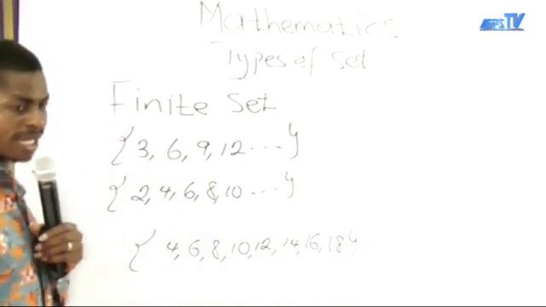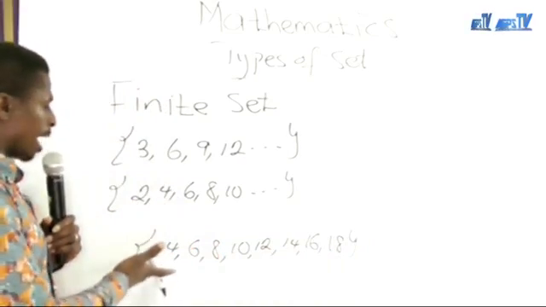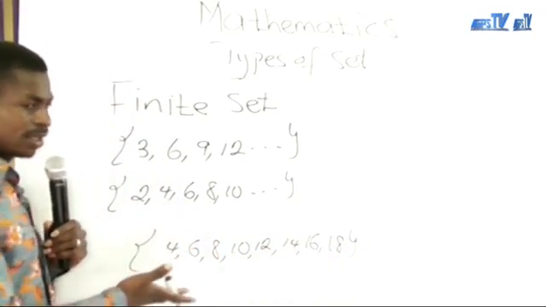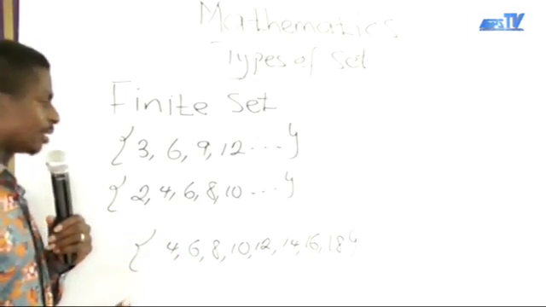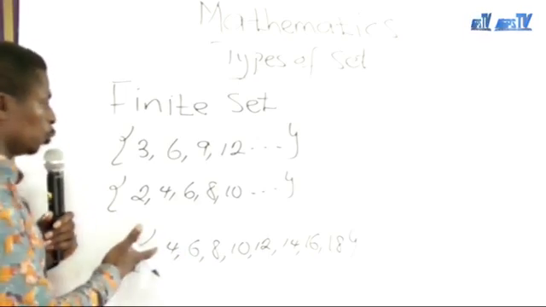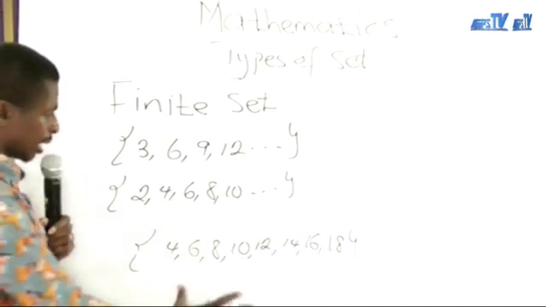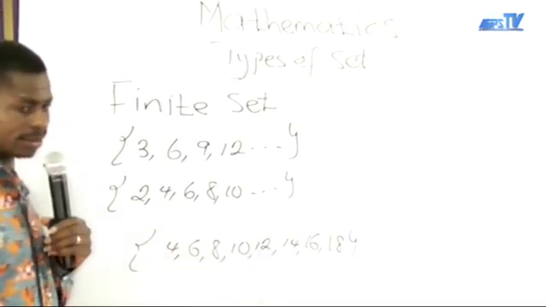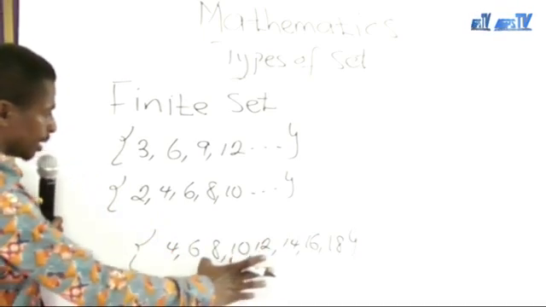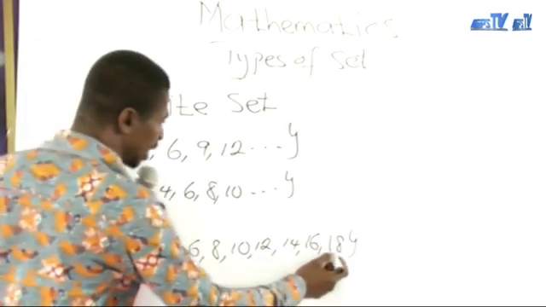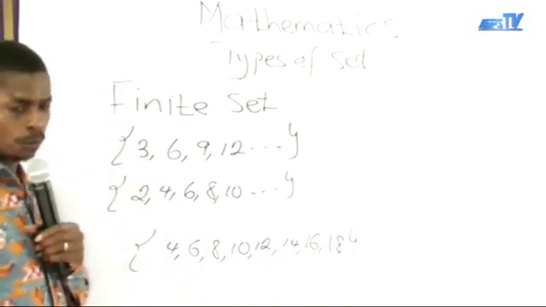So you discover that when we are talking about finite sets, and you are asked to find a set of even numbers between 2 and 20, this is going to be your set. And for this to be your set, it means that we can identify the last member, which is 18.